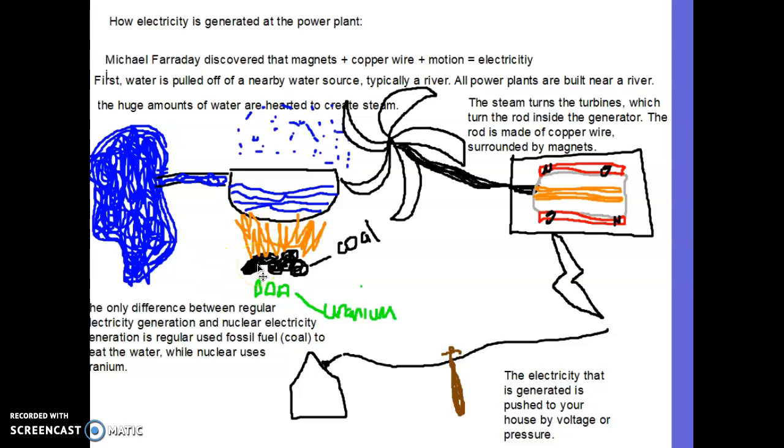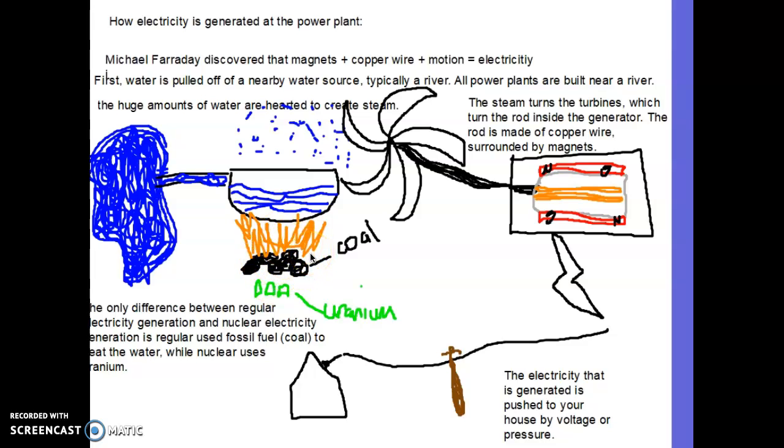So what do they use to heat the water that creates this steam? Well, in a regular electricity generation plant like Bowen, they use coal, fossil fuels. They put it on a conveyor belt and keep it running so that it can be added to the pile of what's burning.